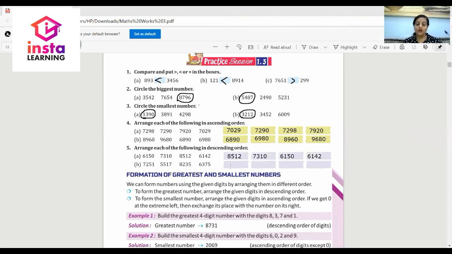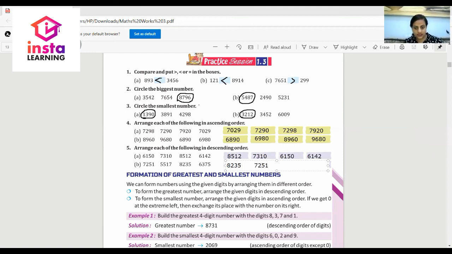Likewise, we are going to do the B part too, like this. So first of all, in descending order, we will write 7,000, 5,000, 8,000, 6,000. Yes, 8,000 will be the biggest number of all. So we will write here like this, 8,235. Next is 7,251.